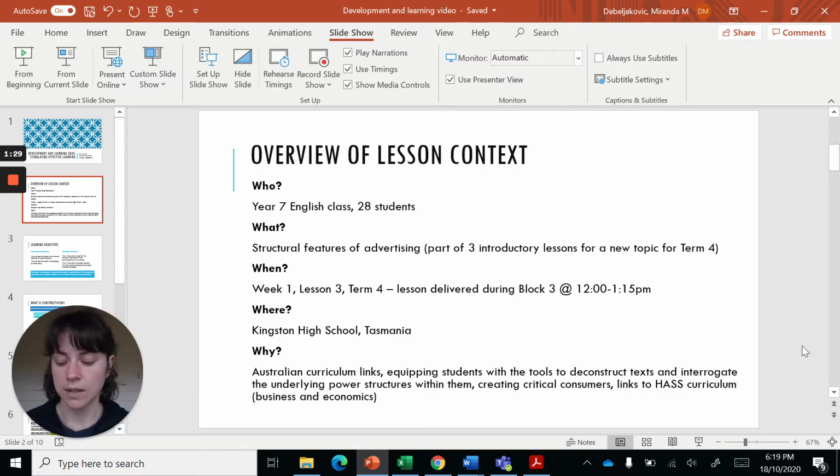This unit is also linked in with the HASS unit that the students will study this term. In HASS, students are studying a business and economics unit in which they create a company and a product that will be sold in a market in week 8 of term 4. For that, students need to be able to design their own advertising for their products, so they will plan, draft and publish informative and persuasive text, selecting aspects of subject matter and particular language and visual features to convey information and ideas.